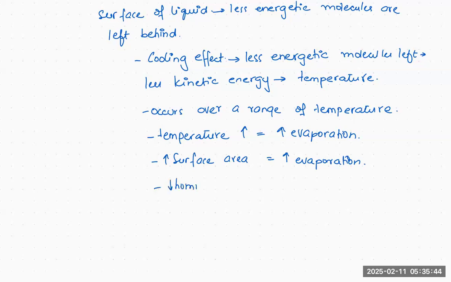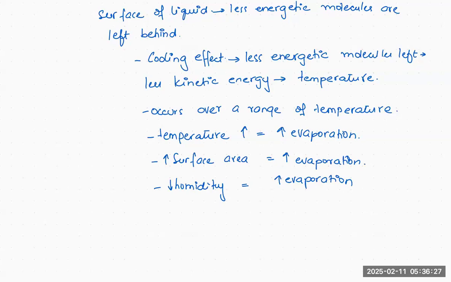Because there will be less water vapor, so the concentration gradient is high. For example, we have placed a jug of water outside. The air has less water vapor, and inside the jug the water vapor is at a higher concentration. So the water vapor moves from higher concentration to lower concentration, and the water will evaporate quickly. If it's really humid, then the concentration of water vapor is high, so that will affect the diffusion and the evaporation.